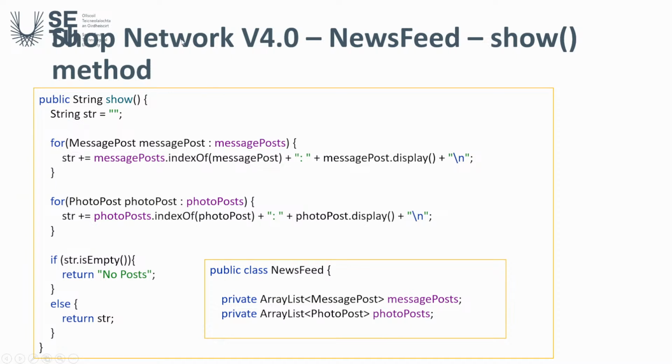You can see here our show in our newsfeed. This one goes through our message posts, and it goes through our photo posts, and it's going to display all the messages and then all of the photos. So just to think about that, is that how our newsfeed normally works? We see all of our messages and all of our photos?